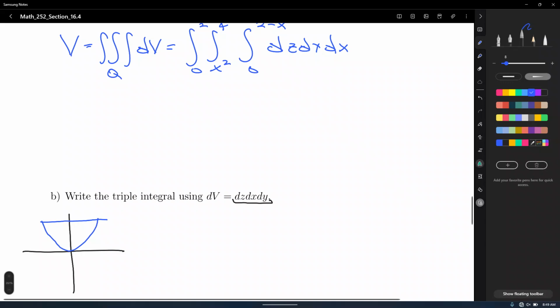That means we're only interested in this region here, only that part of the projection onto the xy plane. So, let me label again: y equals 4, y equals x squared, from 0 to the intersection between x squared and 4, isn't that x equals 2?